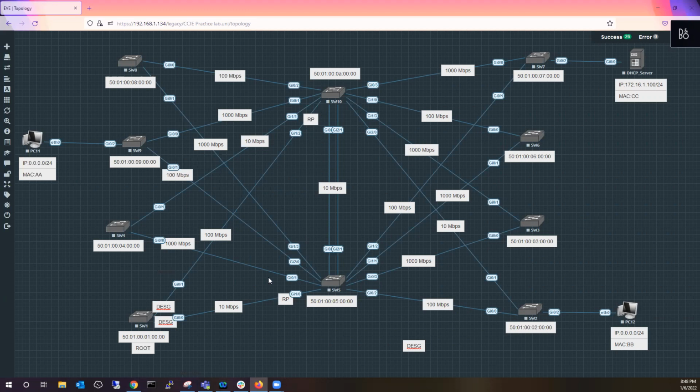100 GB and then 10. Yeah, switch 5, which is 100. Again.